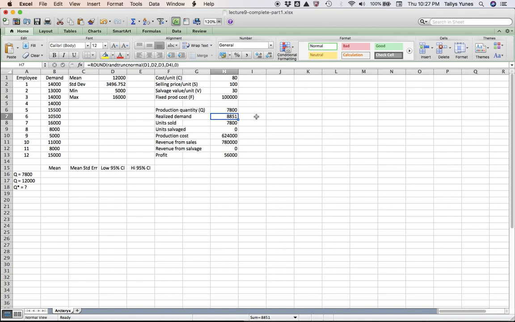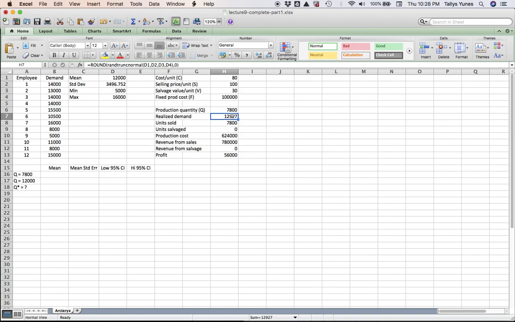And depending on what that is, it will affect my result, right? So notice it's less than the production. There was salvage value, units sold was the minimum, and so forth. In this particular scenario, I am losing money. I can go to another scenario in which now I'm making money.